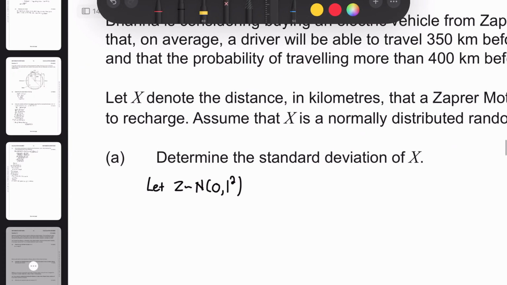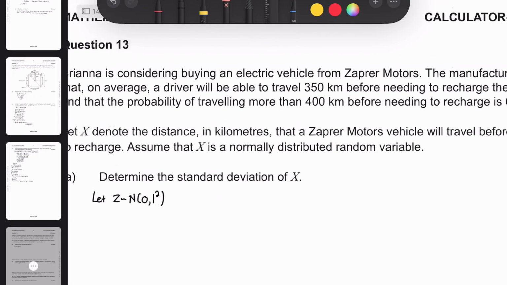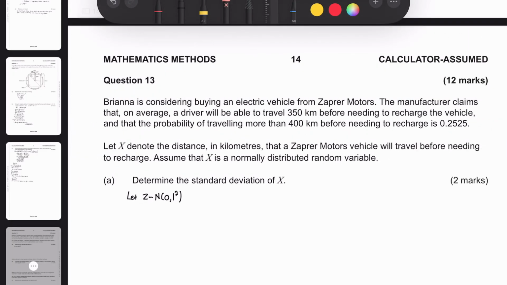On my CAS, I'm going to go to action, distributions, continuous, inverse, and then there's an inverse normal CDF. I'm going to put my tail setting to the right because we have the probability of traveling more than 400 kilometers, 0.2525. So I put my probability as 0.2525, my standard deviation as 1, and my population mean as 0.